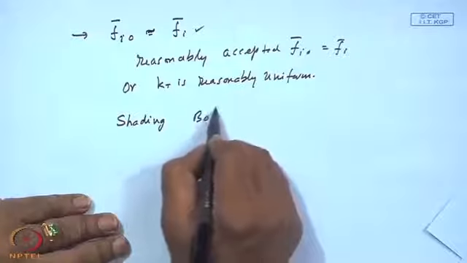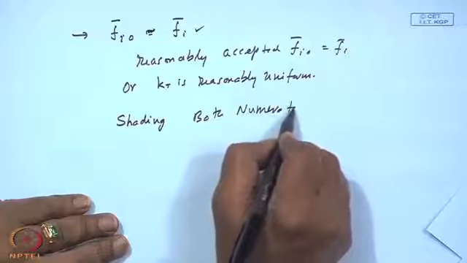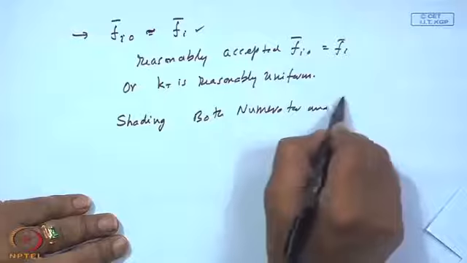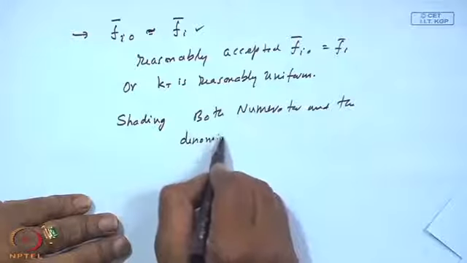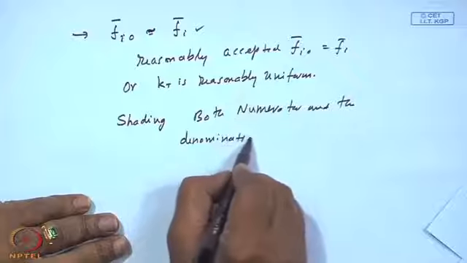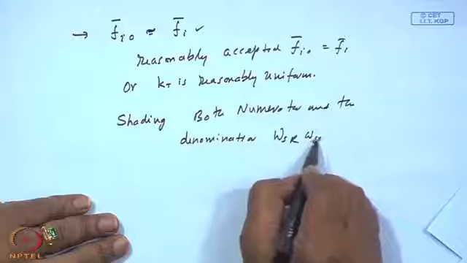As far as shading is concerned, both the numerator and the denominator are integrated from omega SR to omega SS.